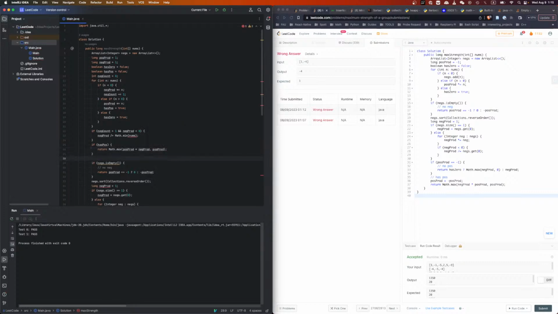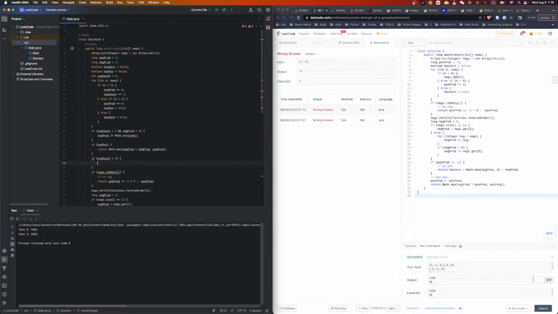Now if we don't have positive, right, then we can say, if I have negative, I don't really have a negative. If neg count is larger than 0, which means we have negative.